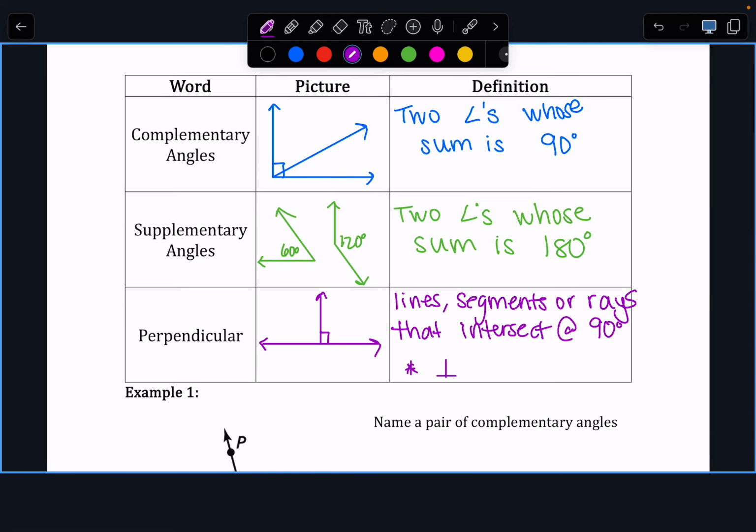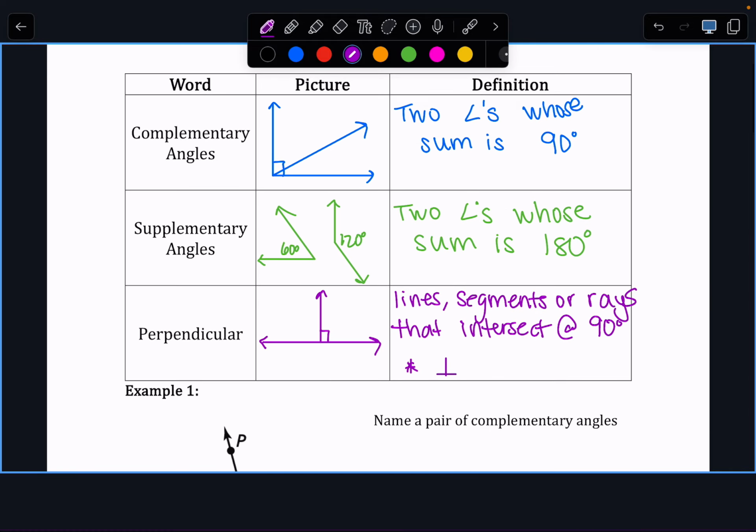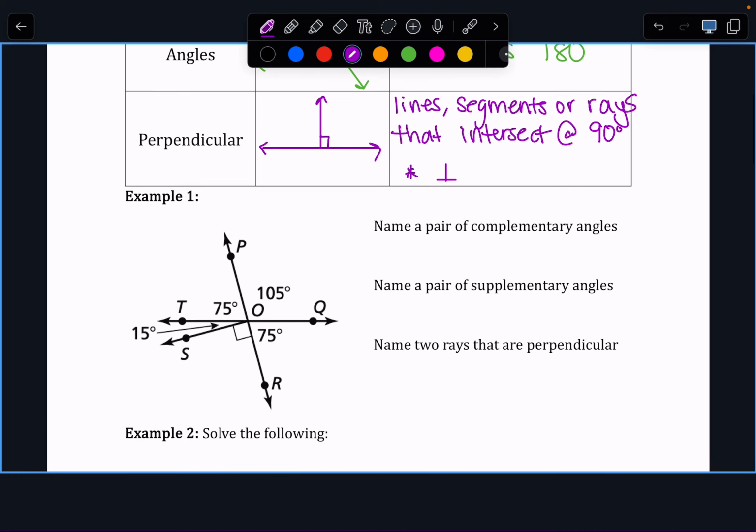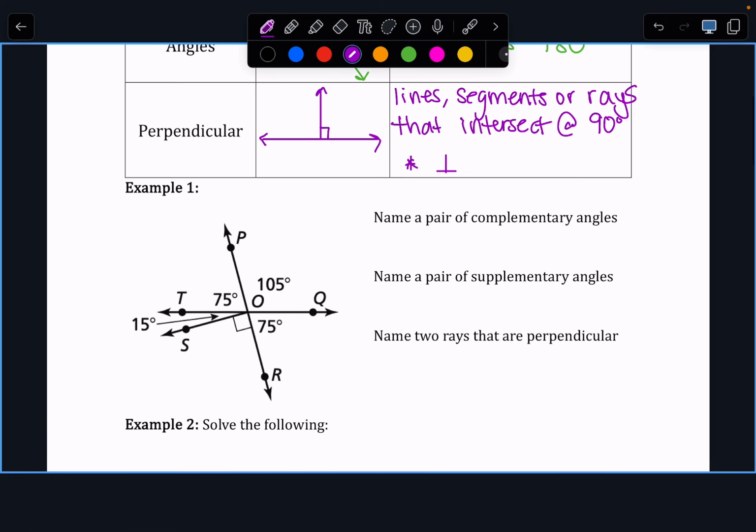Are we okay with those pictures and definitions? All right. If I look at this beautiful picture and I want to pick out two angles that are complementary, I'm looking for two angles that add up to 90 degrees. There is more than one possible answer.